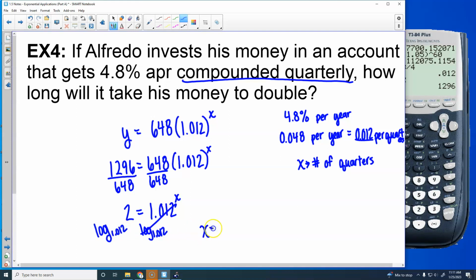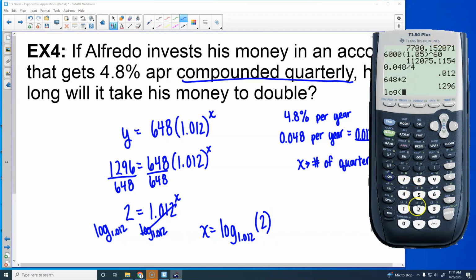So my answer, almost answer, ends up being log base 1.012 of 2. And to type that into the calculator, I would do log of 2 divided by log of 1.012. And I get 58. So x equals 58.108.